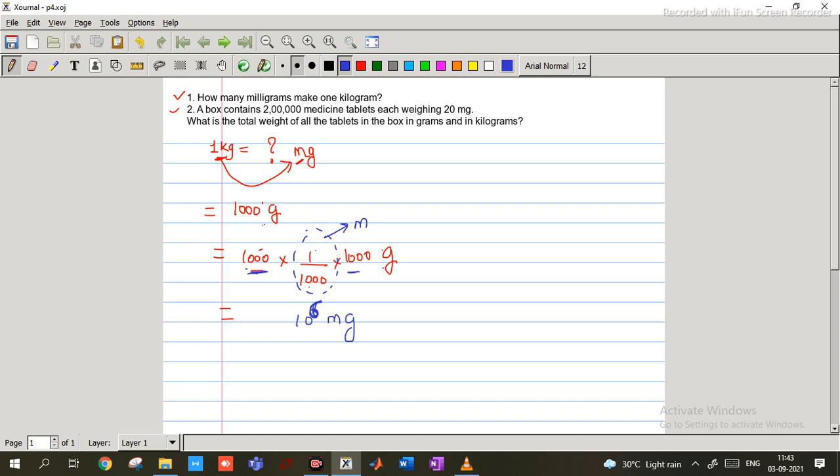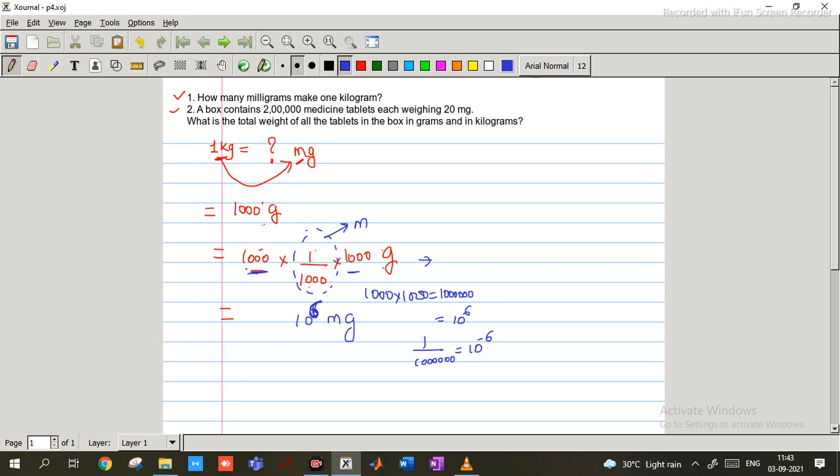For easy understanding, I can also do it like this. As we know, 1000 into 1000 makes 1, and then 6 zeros will be there. Because there are 6 zeros, I can write it in this way.